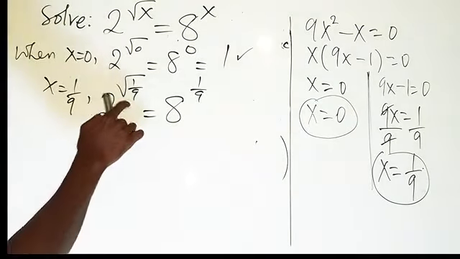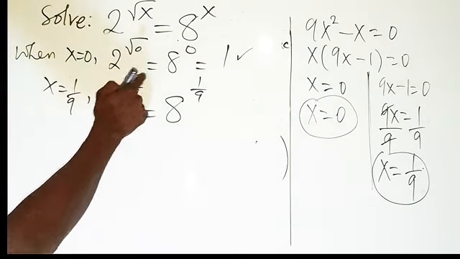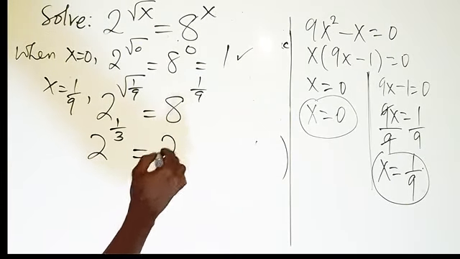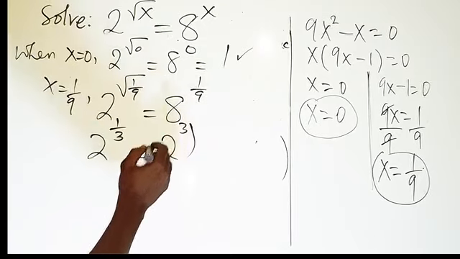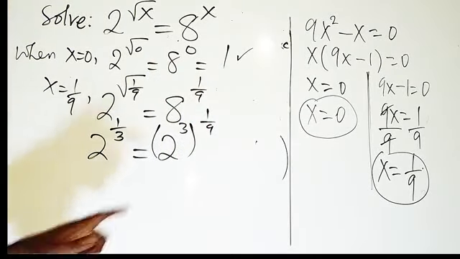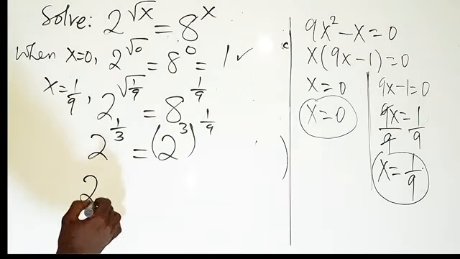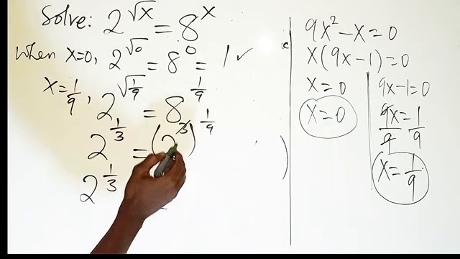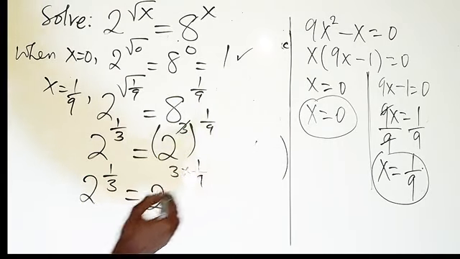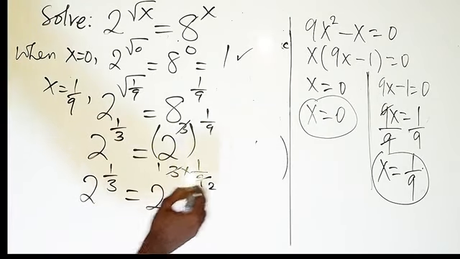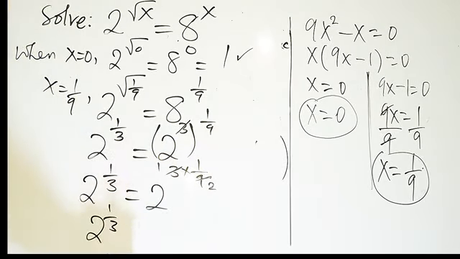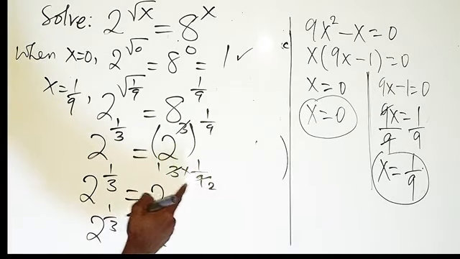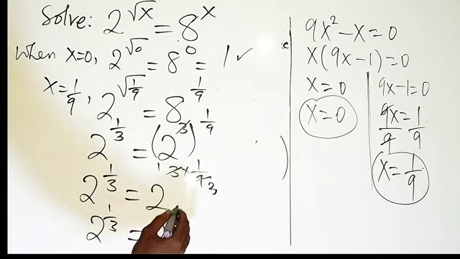The square root of 1 over 9 will give me 2 raised to the power 1 over 3, equals 2 to the power 3 times 1 over 9, because 3 times 1 over 9, 3 in 9 is 3, gives 1 over 3.